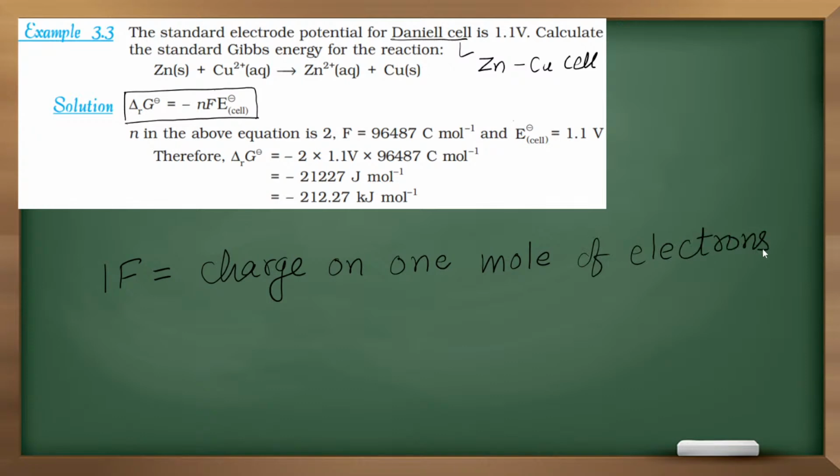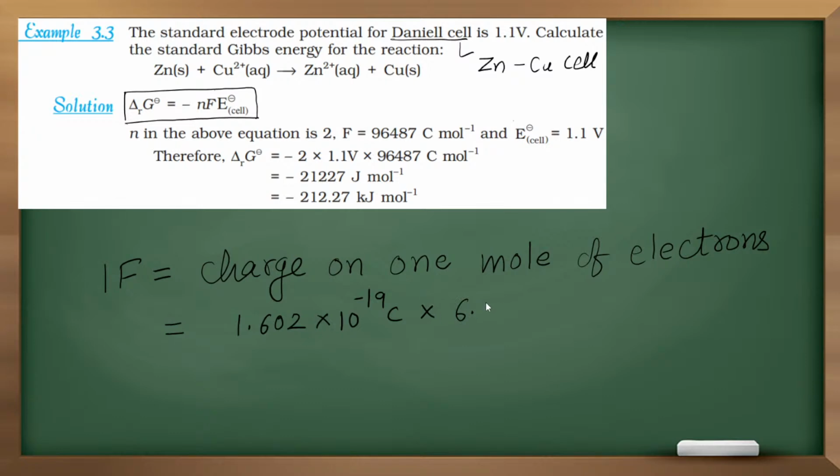That can be calculated as 1.602 into 10 raised to power minus 19 coulomb, which is the charge on 1 electron.